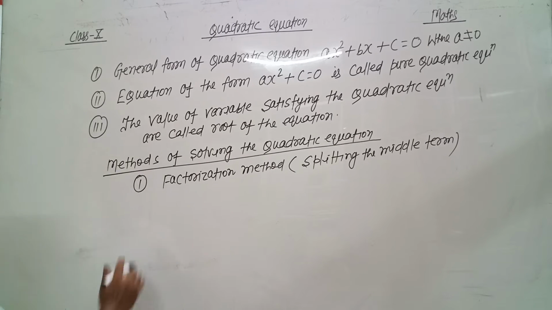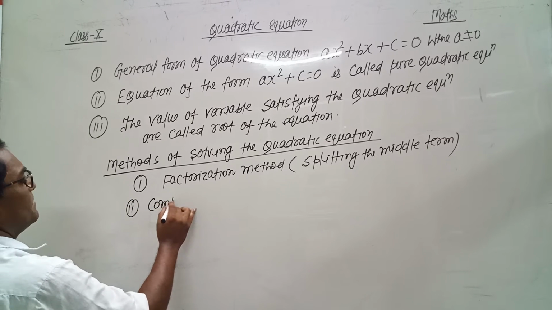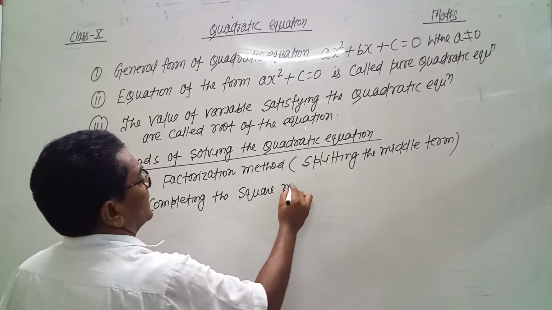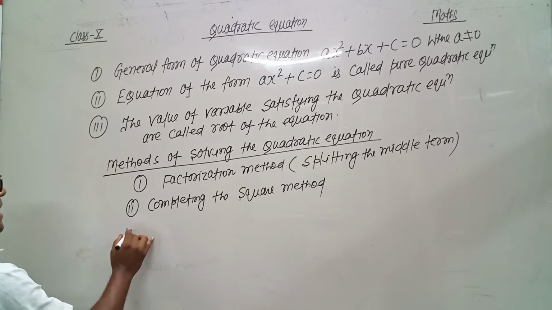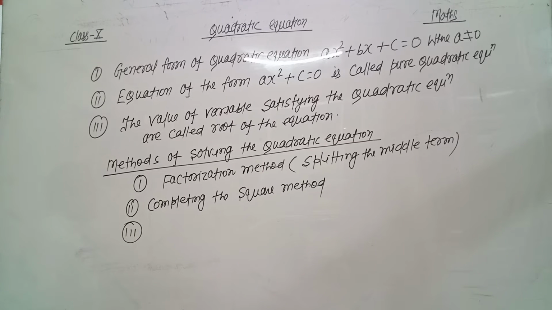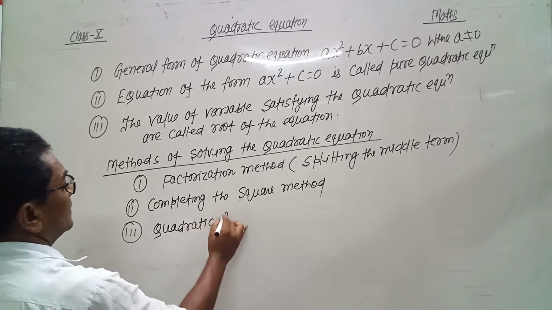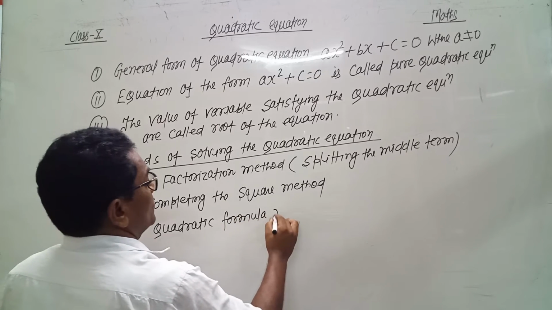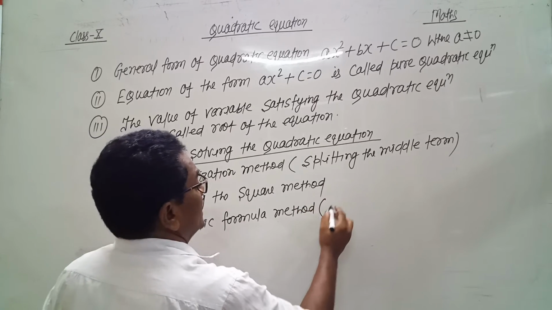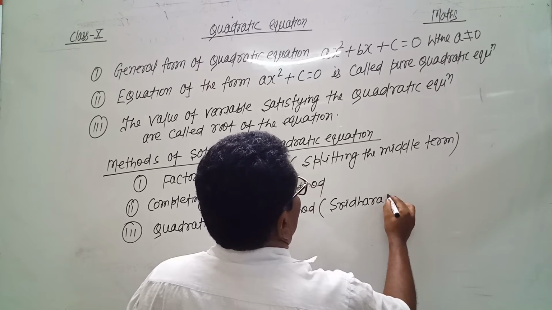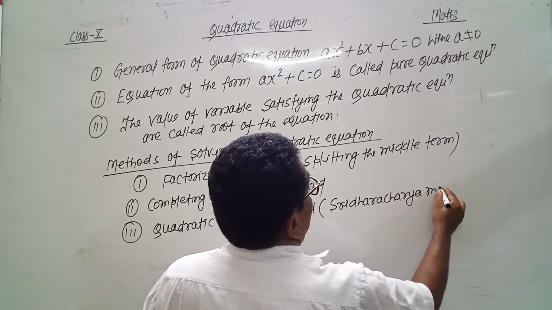Next is completing the square method. And third is quadratic formula method, which is also known as Sridharacharya method.